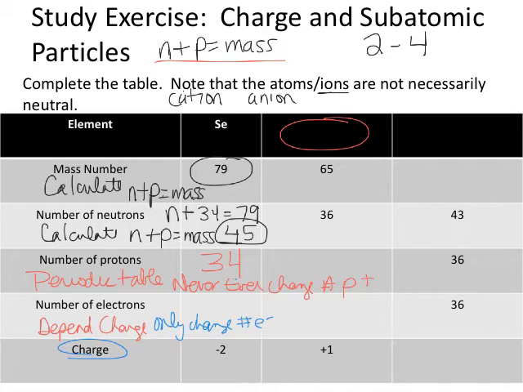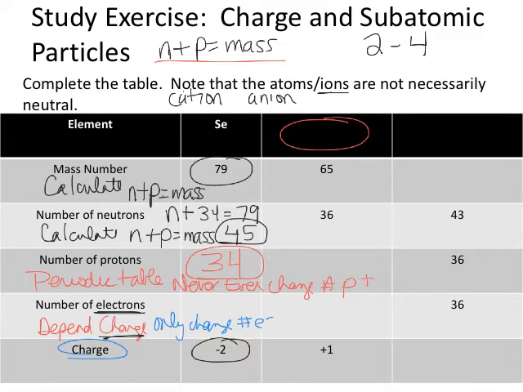Now, we have number of protons, we have number of neutrons, and the number of electrons depends on your charge. So what's your charge here? Your charge is a -2. How many protons do you have? You have 34 protons, and protons are positively charged.